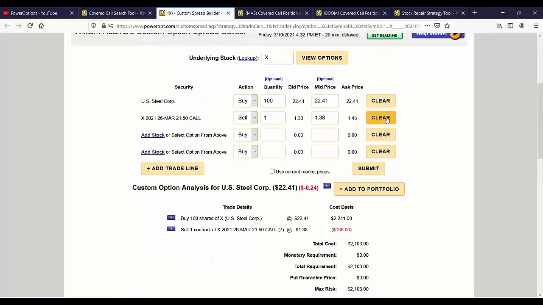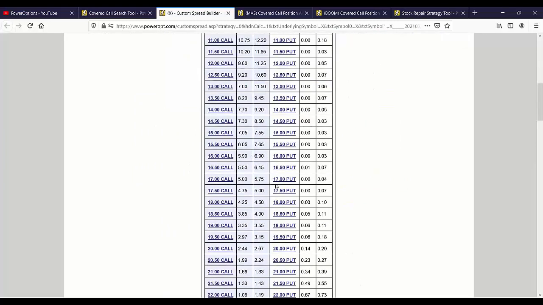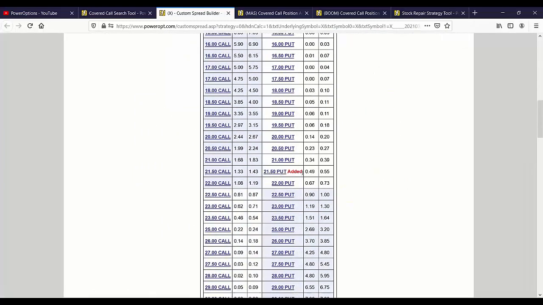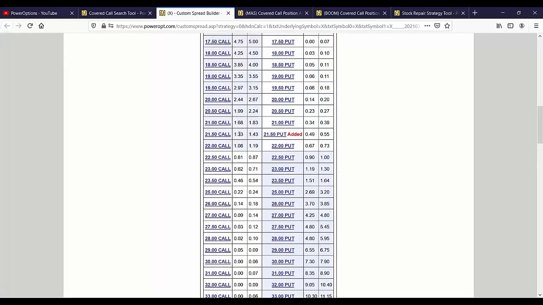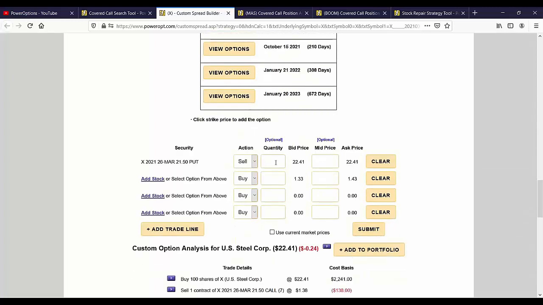Now, clear these out. Level 2 usually gives you access to do covered calls, buy calls only, and buy puts. So March 26th, 21.50 put, 49 to 55. Okay, so midpoint might be higher than what we got with the 138 in-the-money 21.50 call. But what are we looking at here? We're looking at essentially the same thing.